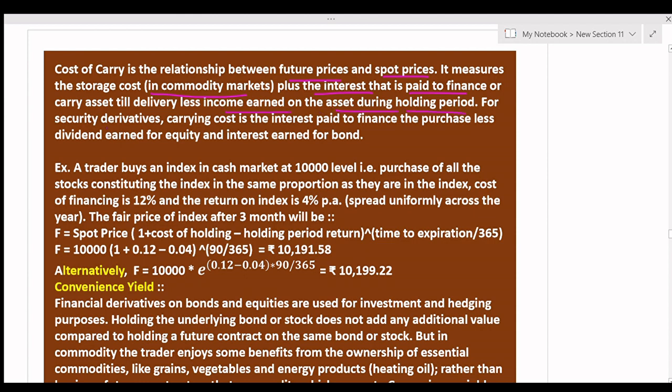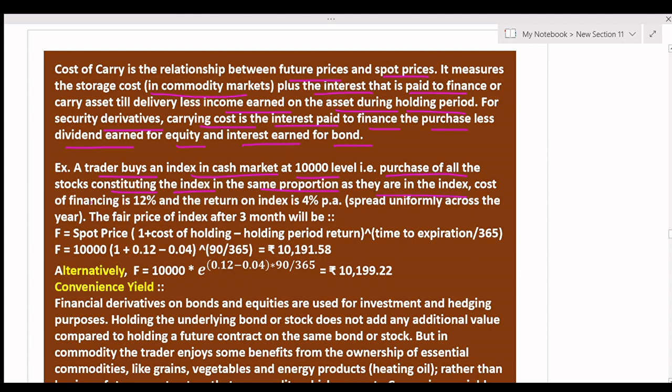For security derivatives, carrying cost is the interest paid to finance the purchase less dividend earned for equity and interest earned for bond. For example, a trader buys an index in the cash market at 10,000 level, that is purchase of all the stocks constituting the index in the same proportion as they are in the index.